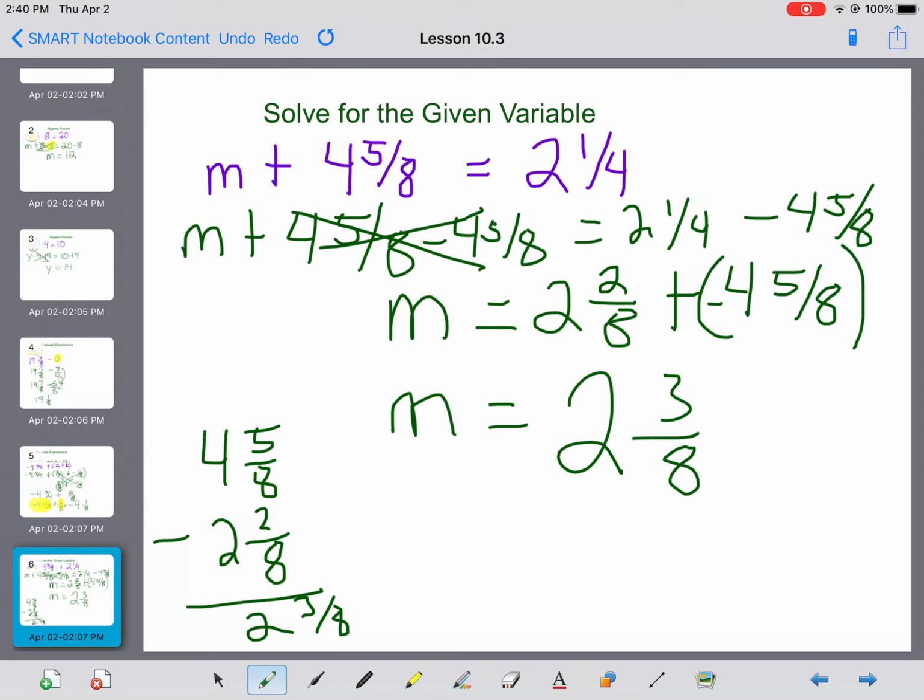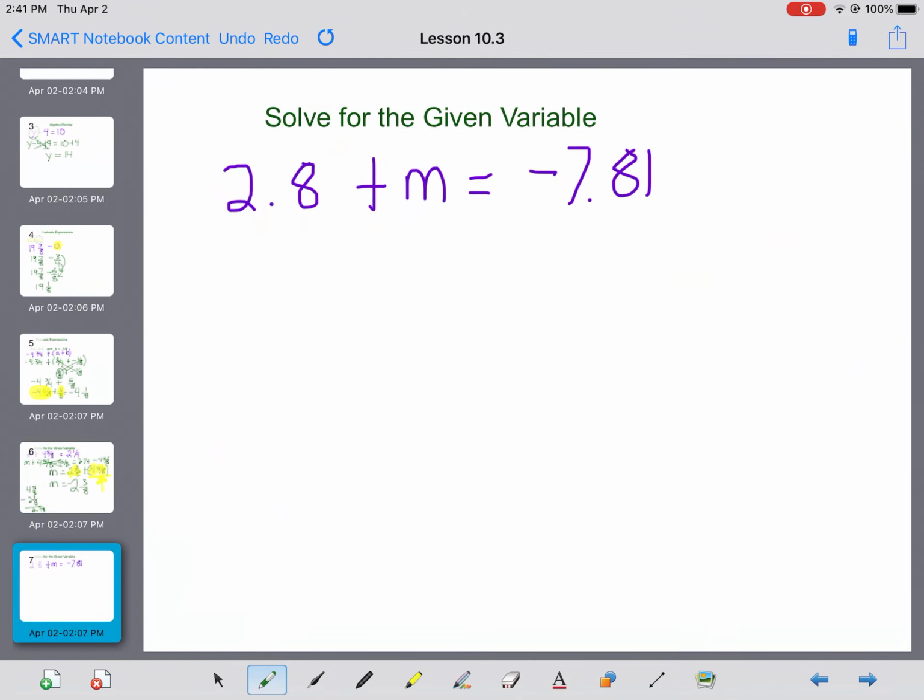Now the question is it positive or is it negative? Well, I go back over here. I have a positive number. The absolute value is 2 2/8, and I have a negative value. This one over here, my negative number had the greater absolute value, but because it is negative, my answer is going to be negative.